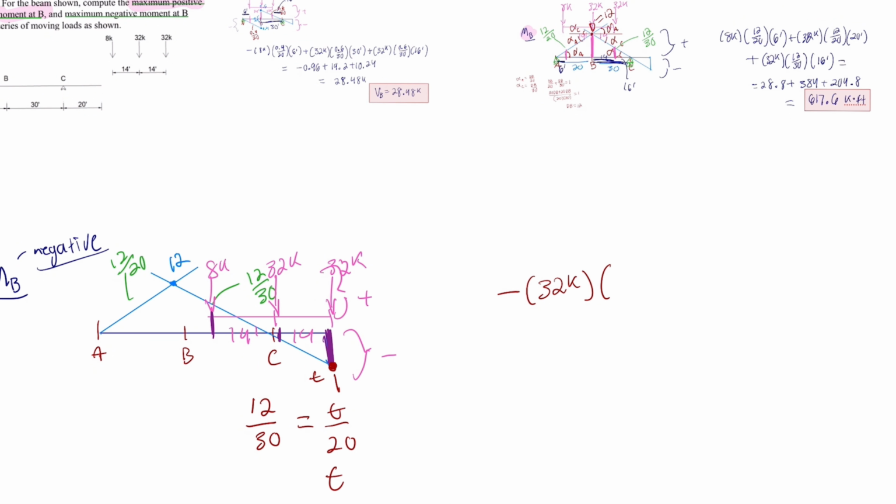And we get that t is equal to 8. So this is 8. So then this means that this slope is equal to 8 over 20. So we will multiply this by 8 over 20, which is the slope that we just found, times the distance, which is 20 feet, because this section here is 20 feet.